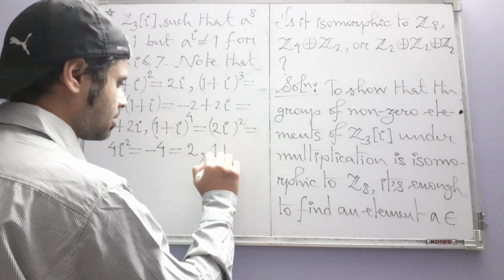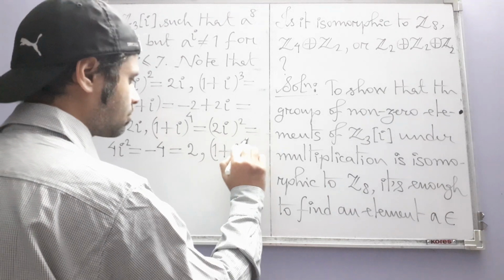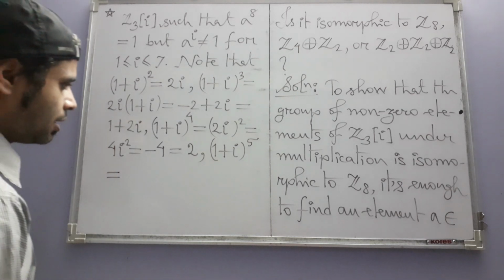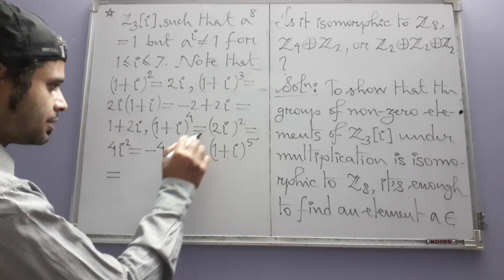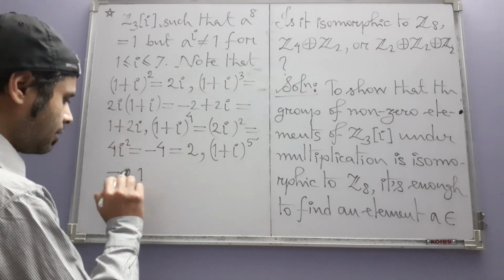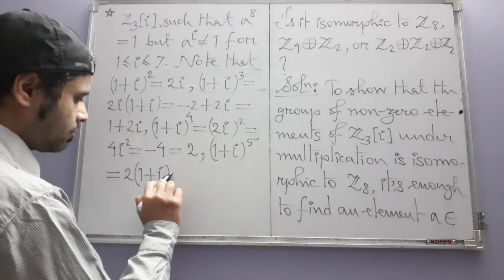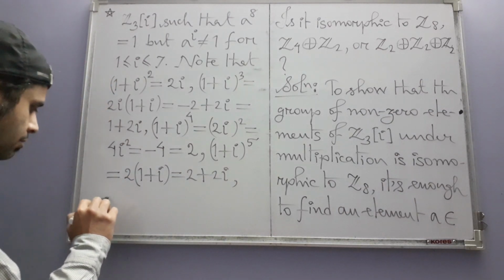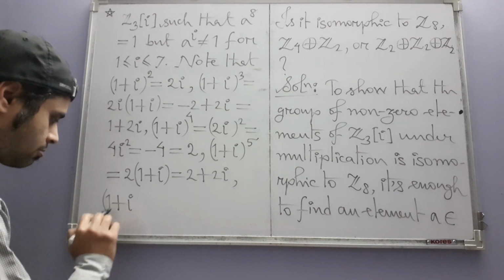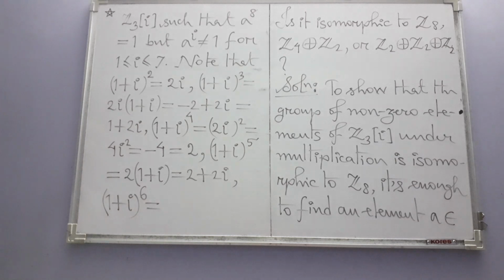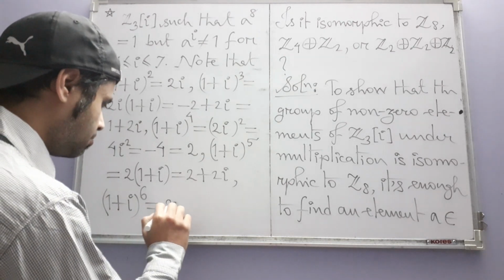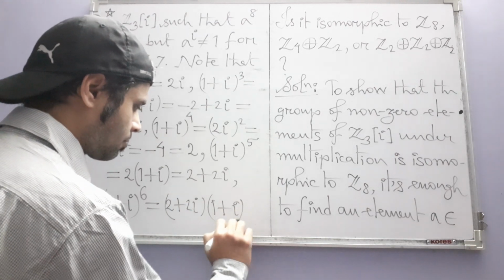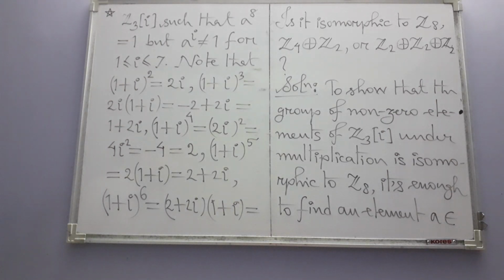Then 1 plus I whole to the power 5 is going to be what? 2 times, because this is the fourth power, 2 times 1 plus I. That means 2 plus 2I. This is also not equal to 1. Then the sixth power is the fifth power, that is 2 plus 2I times 1 plus I. For this we need to calculate.